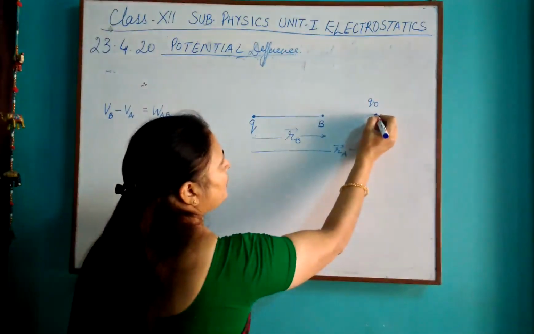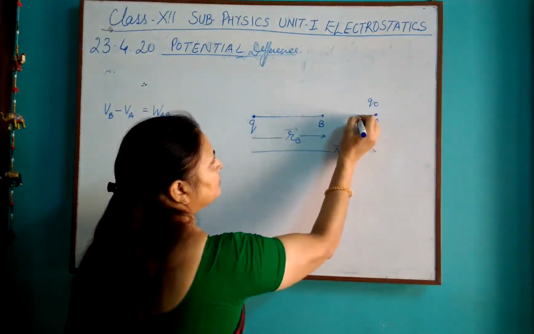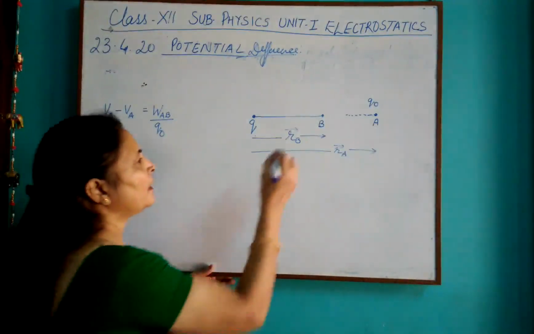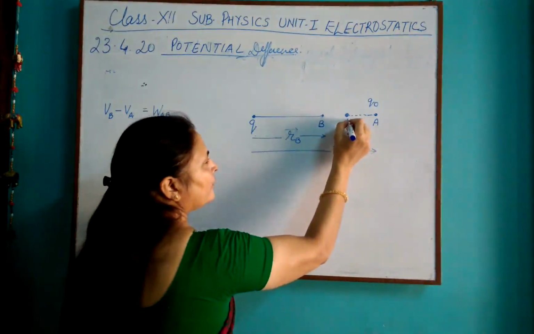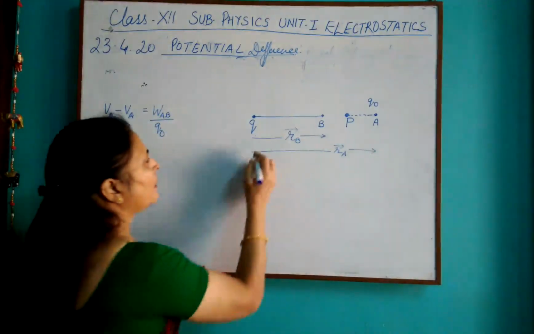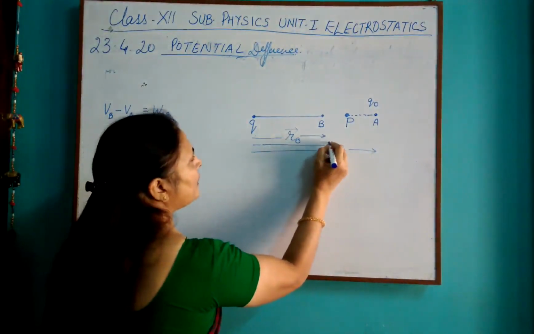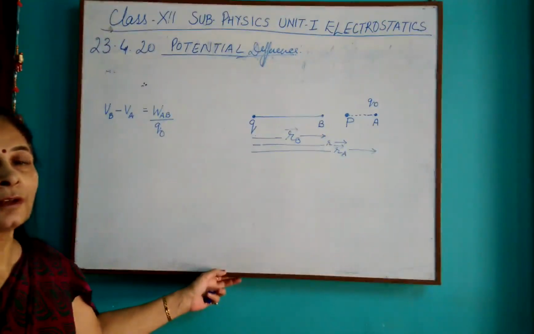Let us start moving the charge Q naught from A to B. Let us consider that we have reached a point P at a distance, say R, from the charge Q.